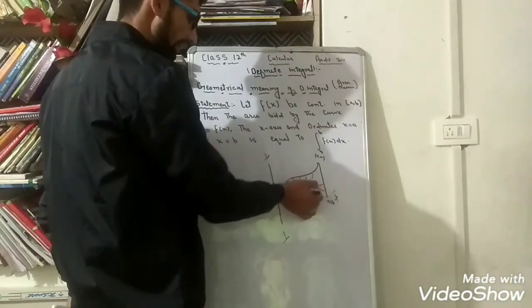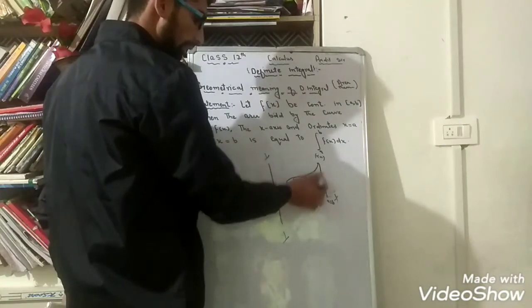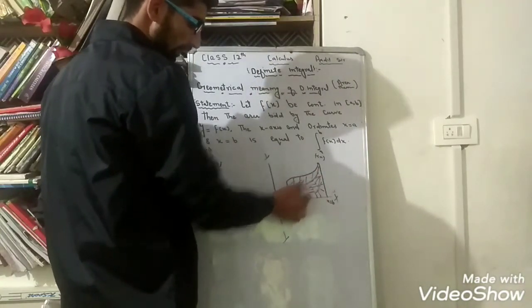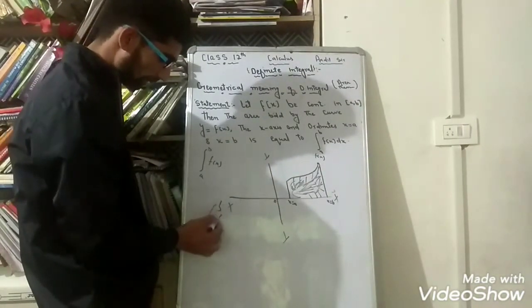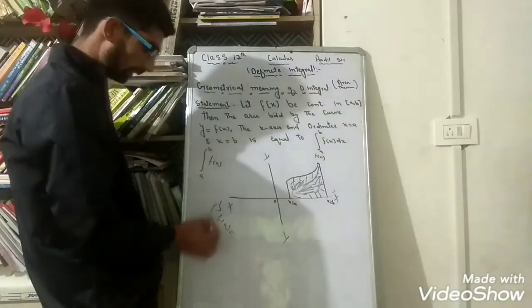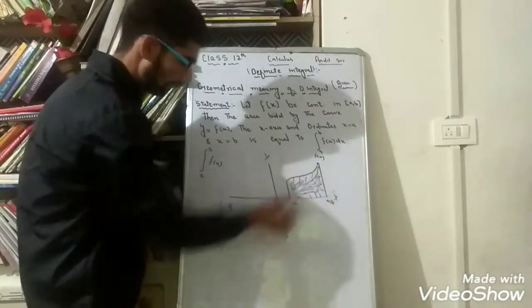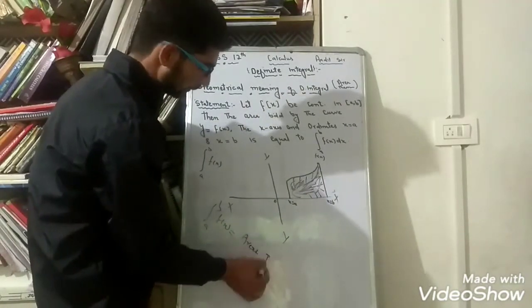So the area that is inside this region is known to be the definite integral of f of x. So the definite integral of f of x is equal to the area of this.